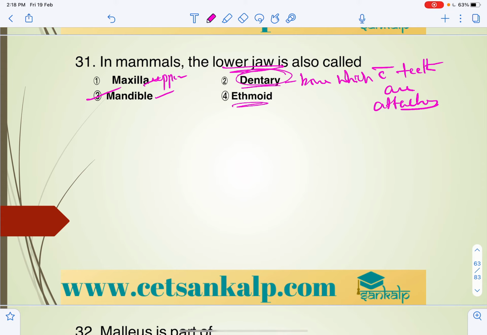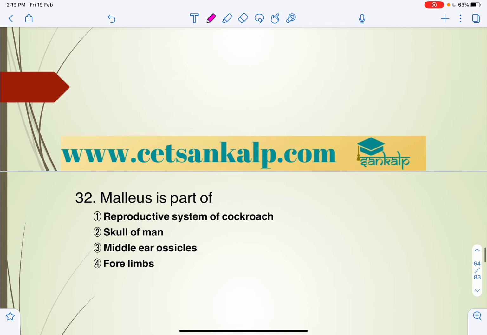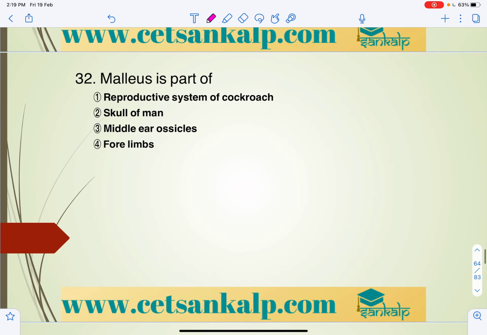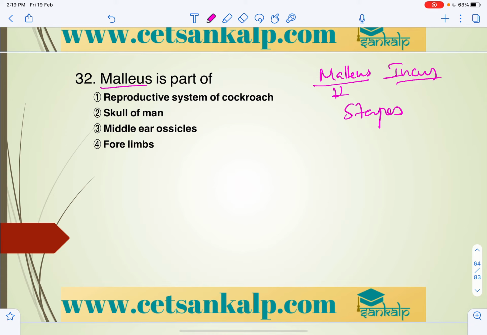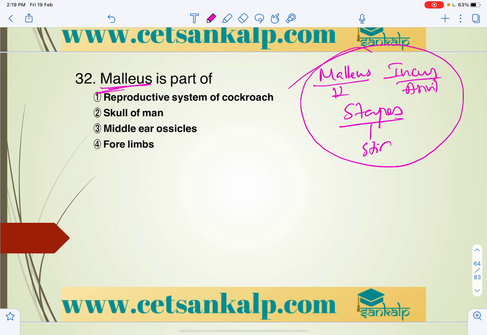Ethmoid, generally we can say, is in the skull. Malleus is a part of the ear ossicles, which I already mentioned: malleus, incus and stapes. Malleus is hammer shaped, incus is anvil shaped and stapes is stirrup shaped. All these are parts of the middle ear ossicles.